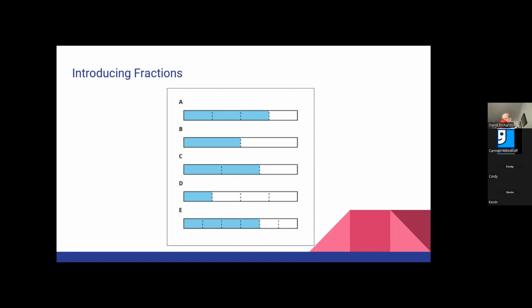I think it really depends on the student, how much time you want to spend on this. When you do an activity like this, for your students that are really struggling, no numbers. Just get them used to cutting out paper and folding it in half, or folding it in fourths, or whatever it is. For your students that are more advanced, and you'll see I come back to fraction bars later on, you can do all kinds of calculations with this.